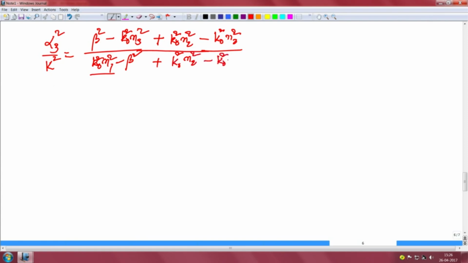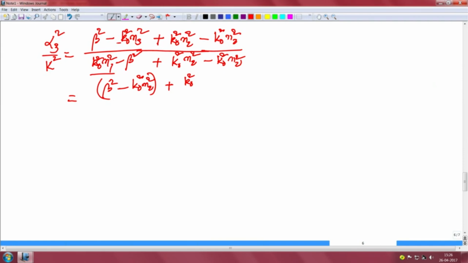Minus k0 square n2 square, which gives us beta square minus k0 square n2 square here, and k0 square n2 square minus k0 square n3 square.